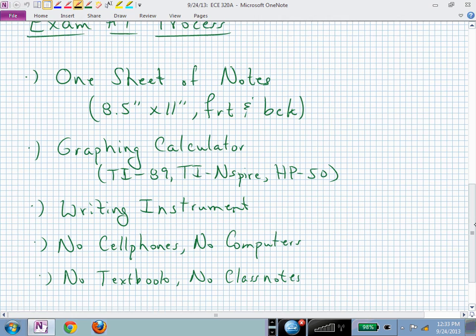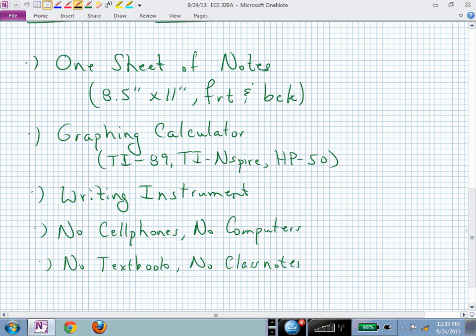I'm going to allow you to use any calculator essentially that you want, which is basically a computer, but we're not going to allow anything beyond graphing calculators. So no computers. Don't bring your laptop in and expect to communicate with your buddy next door.